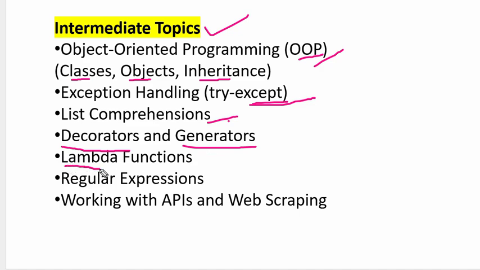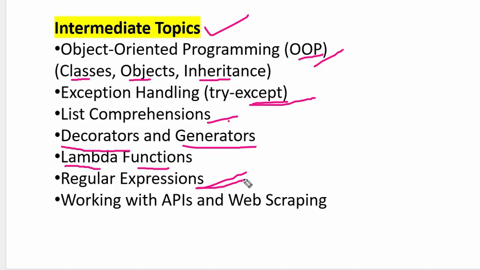Next topic is lambda function. Lambda function is the advanced version of functions. If you learn functions thoroughly in the beginner level, then you can easily understand lambda functions. Next, regular expressions.